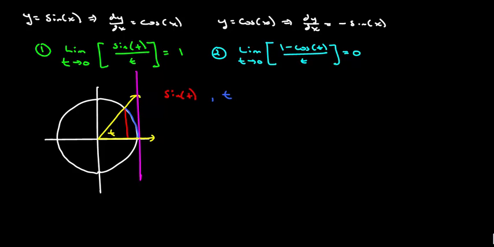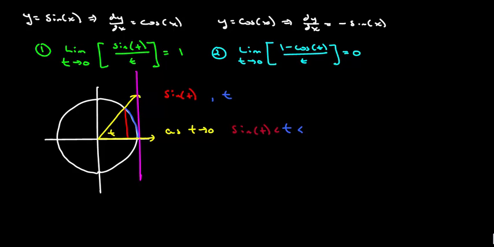So clearly, as t goes to 0, the sine of t is less than t. This blue guy right here, let me put it in blue, is less than the following. This purple guy is the tangent. Let me do it in actually a different color.